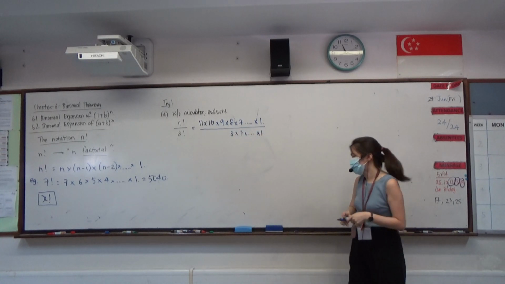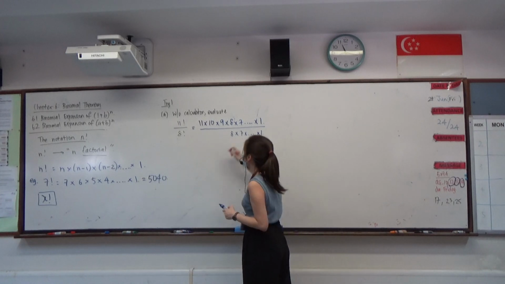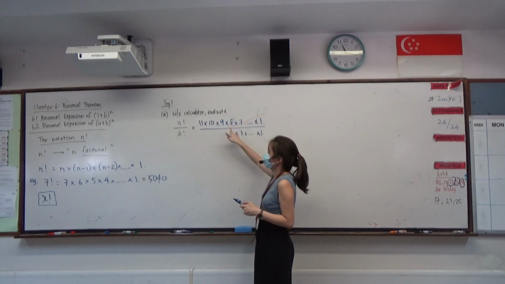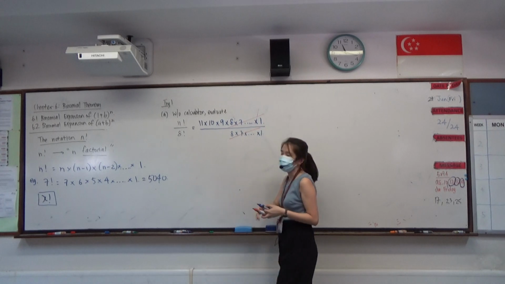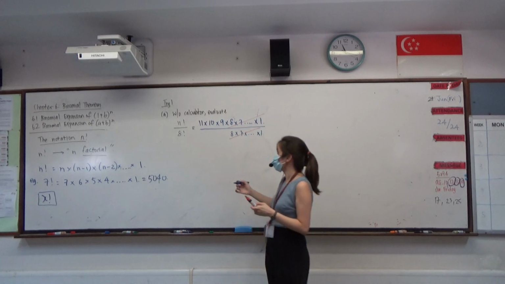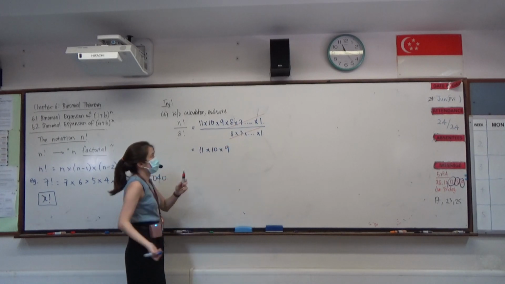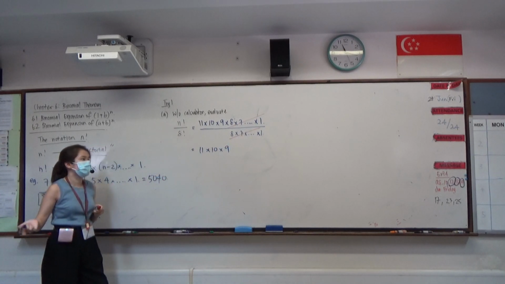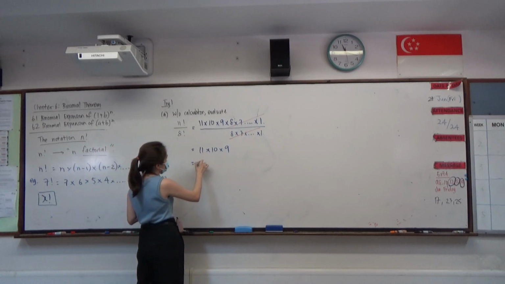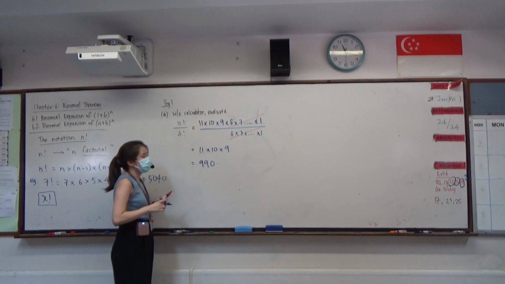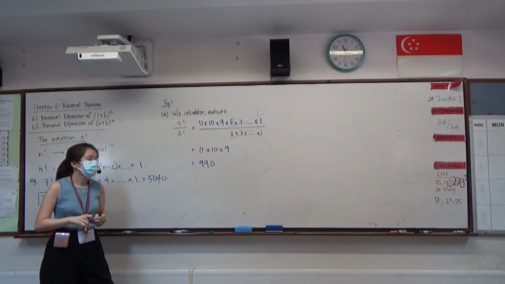I have an 8 factorial included in my 11 factorial, and I can cancel that. Eventually I have 11 times 10 times 9, and that is 990.